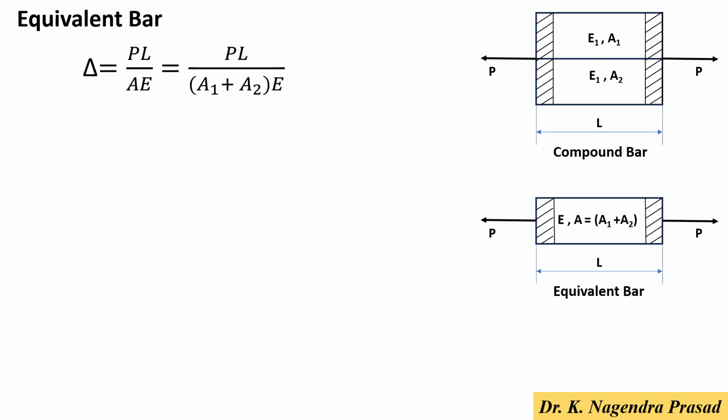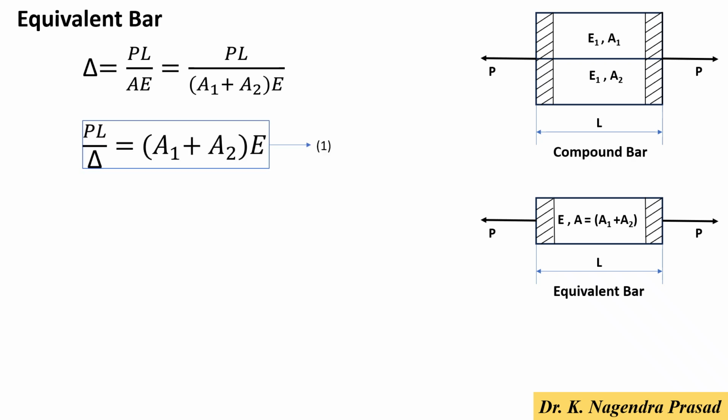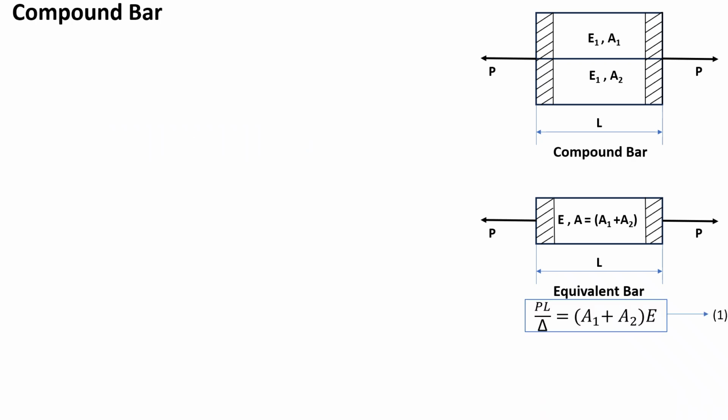Then deformation delta equals PL divided by (A1 plus A2) into E. So this can be written as PL by delta equals (A1 plus A2) into capital E. Let's consider this as equation 1. We determine the PL by delta value for the equivalent bar, that is PL by delta equals (A1 plus A2) into E, and this is equation 1.